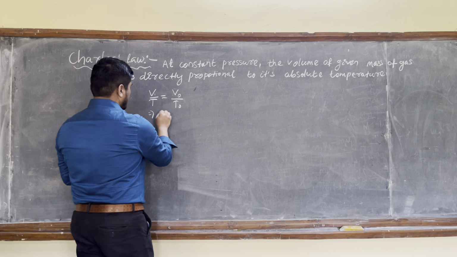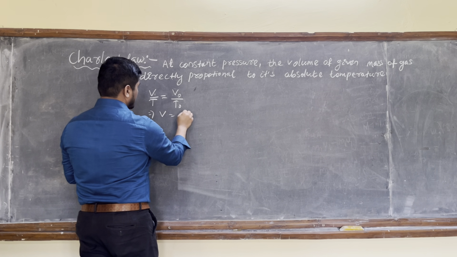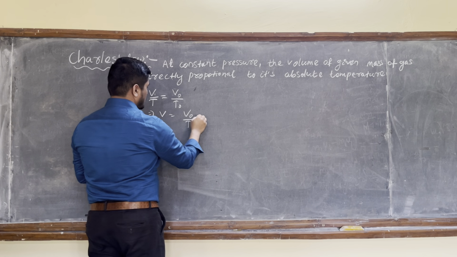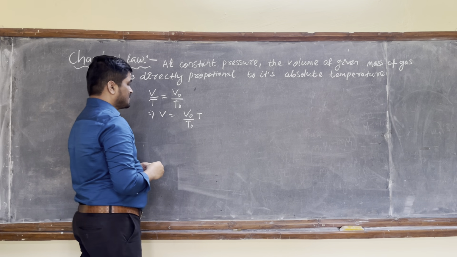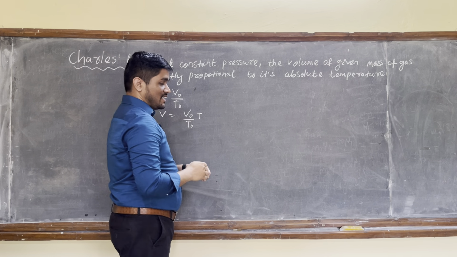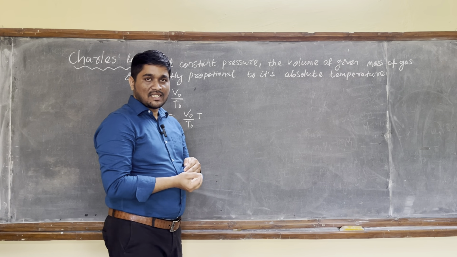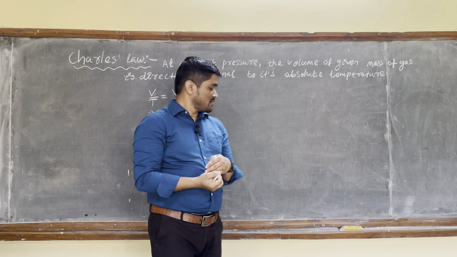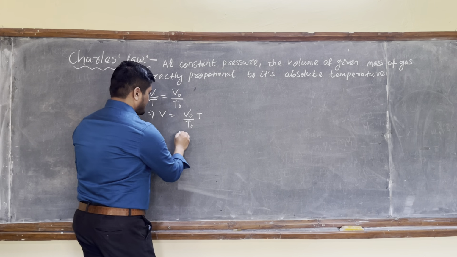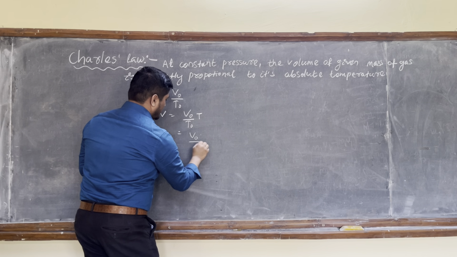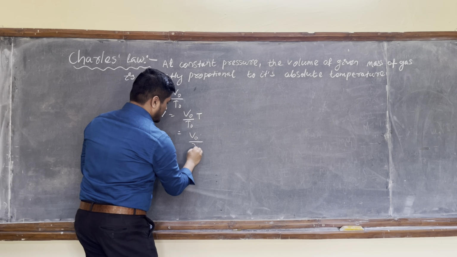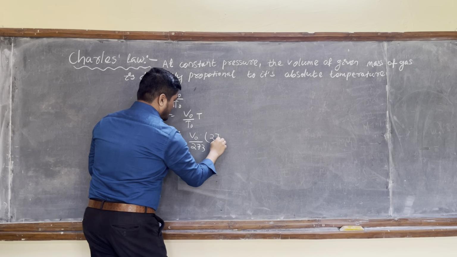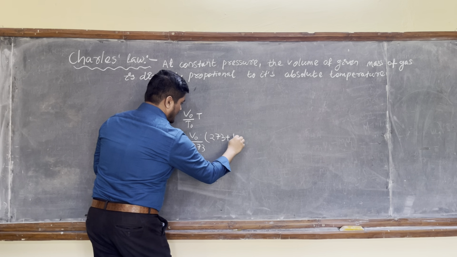That implies the volume V will be V naught divided by T naught into T. T, the absolute temperature, is 273 plus the increase in temperature. So you can write V naught divided by the absolute temperature, 273 Kelvin, into 273 plus the rise in temperature T.